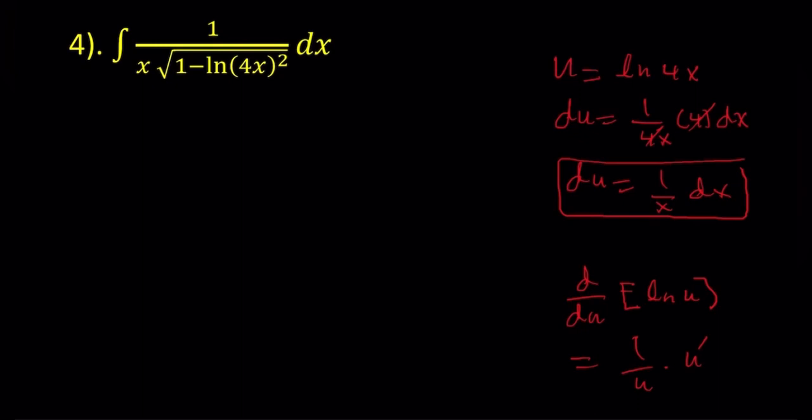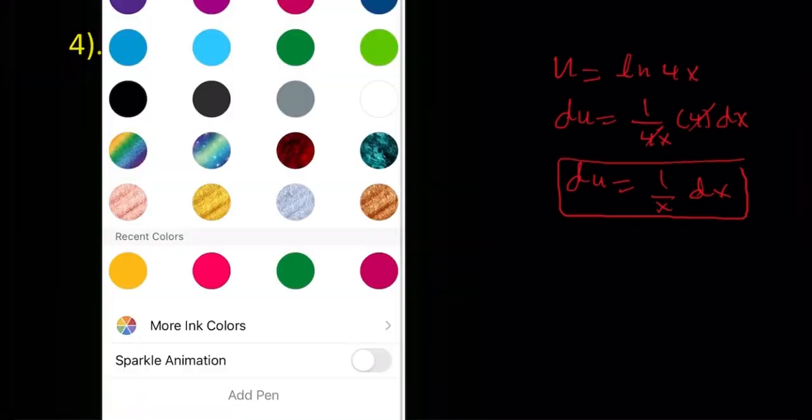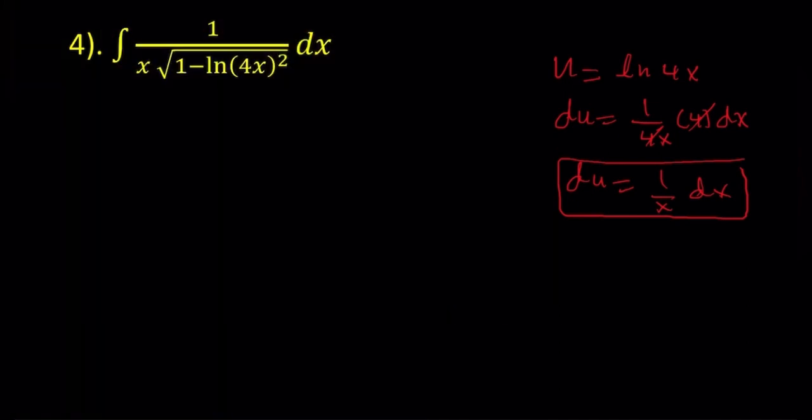Okay, so let's do that. So we know that we don't need this. Just a reminder, 1 over 4x times derivative of 4. That's simple. So now we'll go right here, and we're not going to touch anything else. Let me get my pen back. I choose green. Okay.